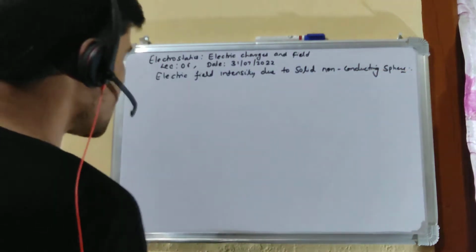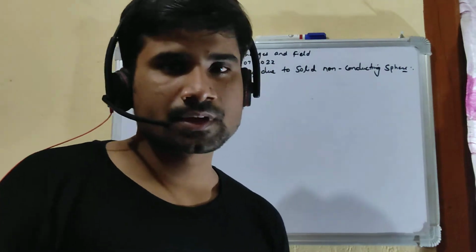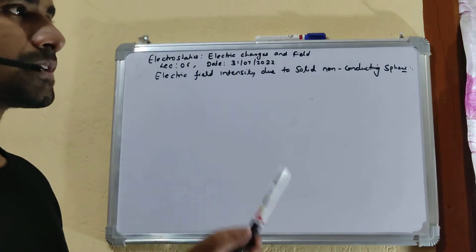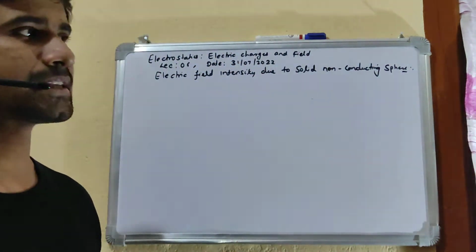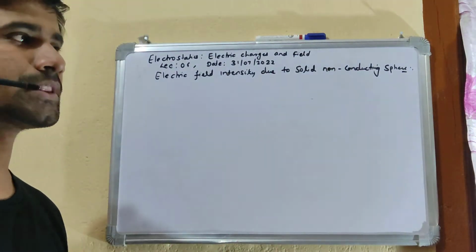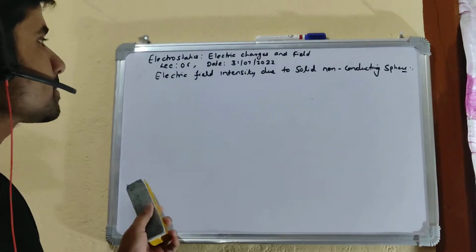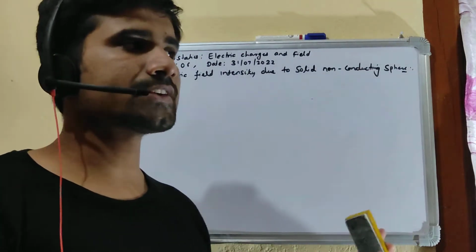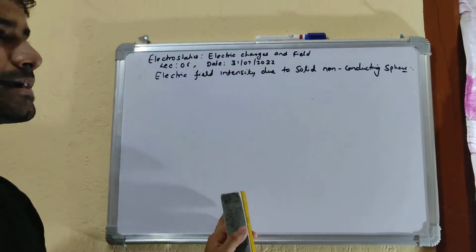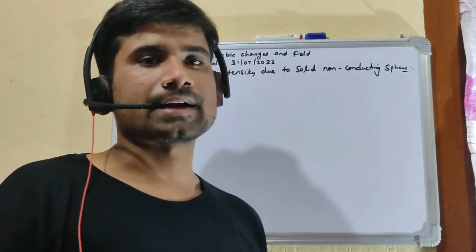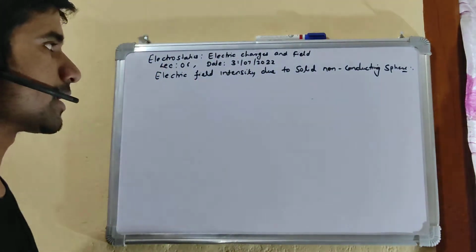So, what is the difference between the last topic we discussed and this one? Since the last sphere which we discussed was a conducting sphere, charges were accumulated and distributed on the surface, right? But since this is a non-conducting sphere, whatever charge is given to it, it has charges throughout its volume, right? Since it is a solid sphere, right?